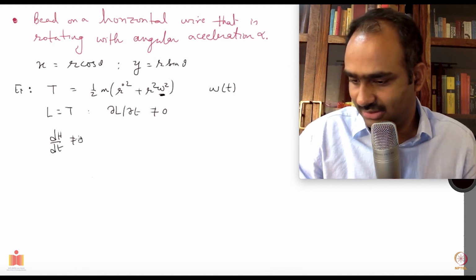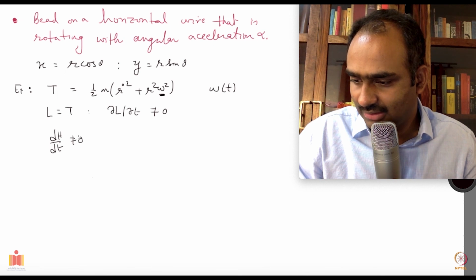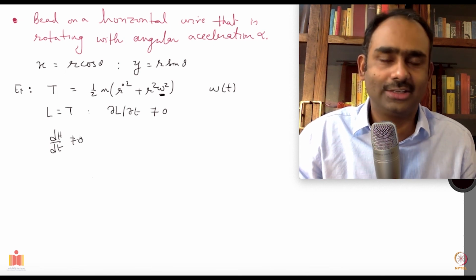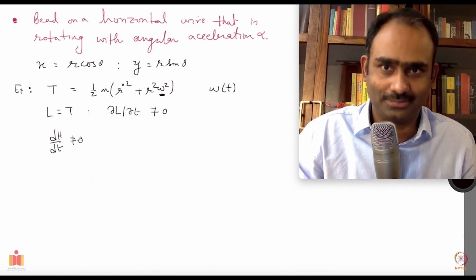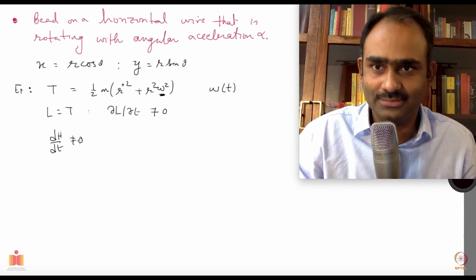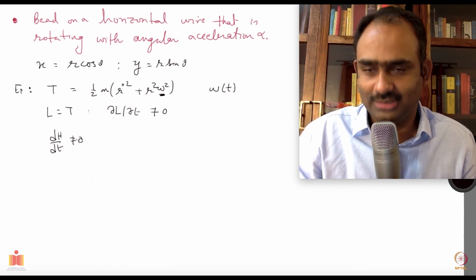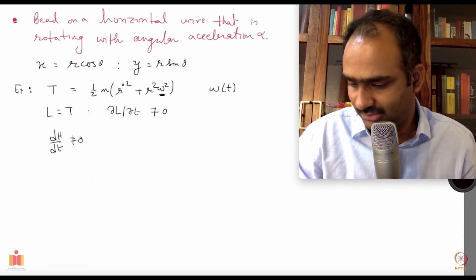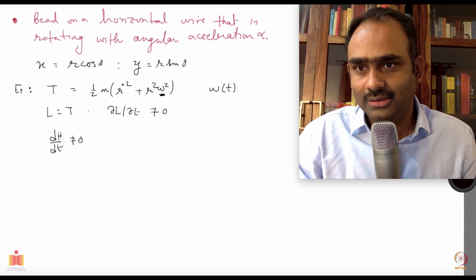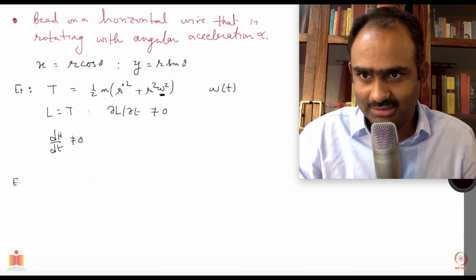So your H is not conserved. And anyway, there is no chance of H being the total energy of the system. Okay, because there is an explicit time involved in the transformation from r to q, which is good. So that's another simple example.